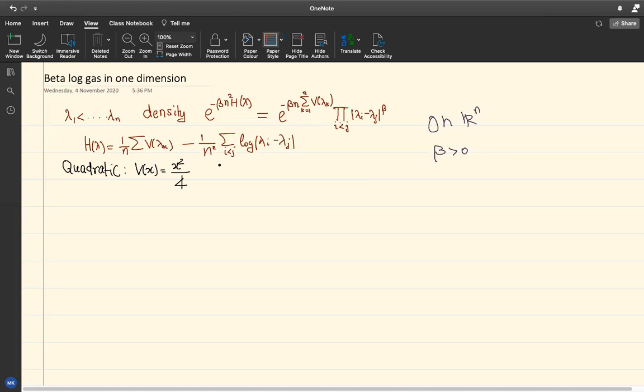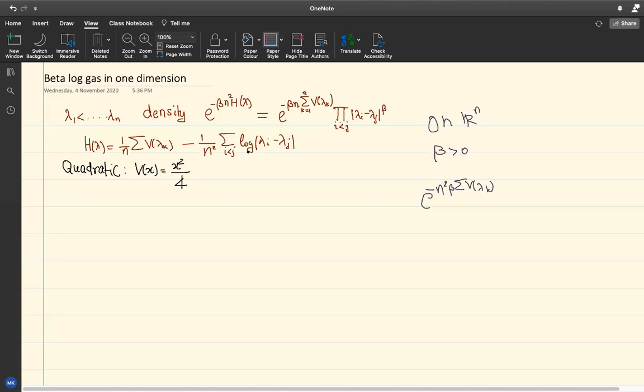What does this look like? For a moment, assume that the second term did not exist. Then we would simply have e to the minus beta n squared times summation v of lambda k, which is just n independent random variables with density e to the minus beta n squared v of x. That we understand. But here there is an interaction coming from the second term.